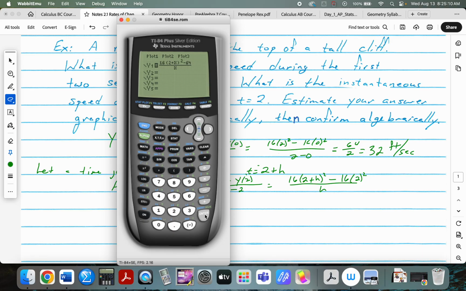Now, x is the elapsed time, right, after 2 seconds, yes? Okay, so I'm going to go to the table. Oh, hang on a second. First of all, I'm going to go to table setup.